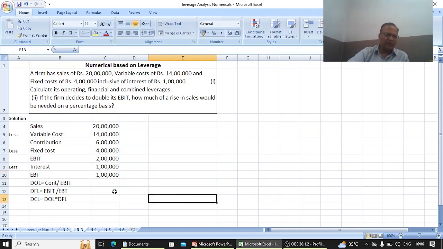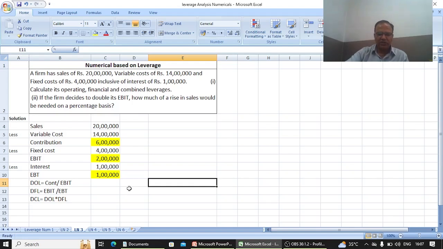Now simply apply the formula. Contribution by EBIT by EBT. Now, first of all, degree of operating leverage, contribution by EBIT, 6 by 2, it will be 3.